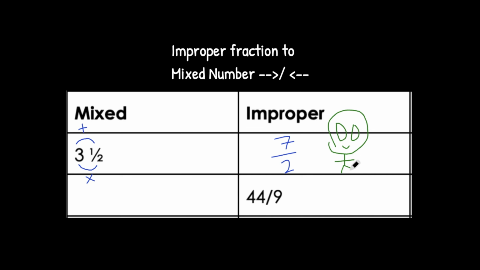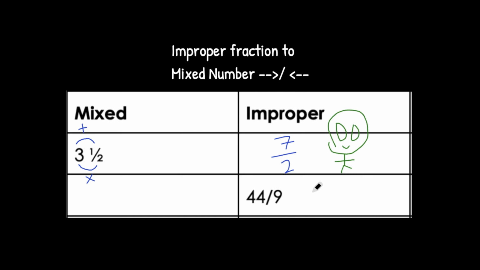So an improper fraction is where the numerator is bigger than the denominator. So whenever you do these, you multiply the denominator with the whole number, then you add that answer with the numerator.